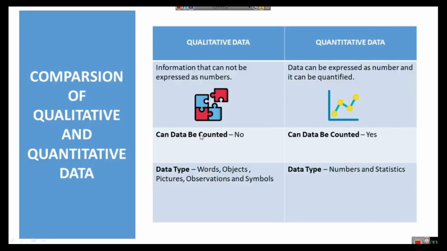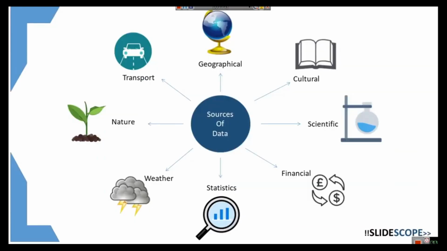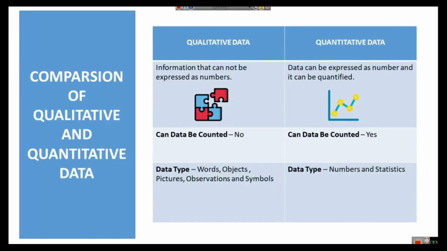Then we have basically two types of data: qualitative data and quantitative data. Based on the events and happenings in these data sources, the data which we have can be primarily of two types. Qualitative data, as the name suggests, tells something or defines attributes of something, and quantitative data tells an exact number about something.